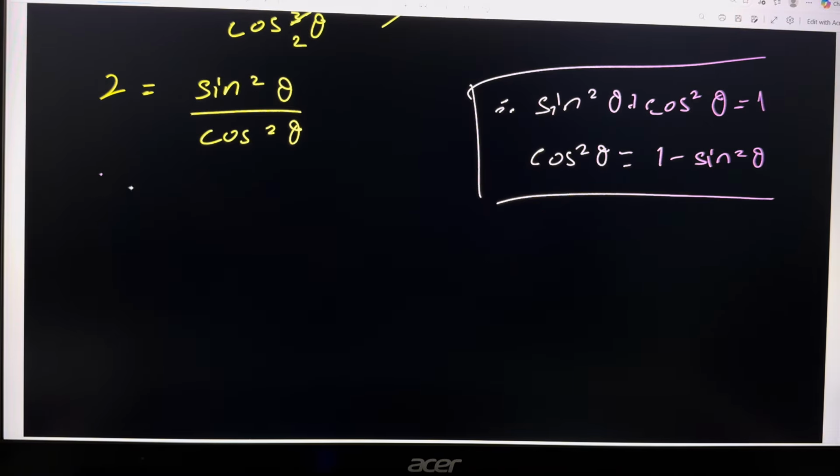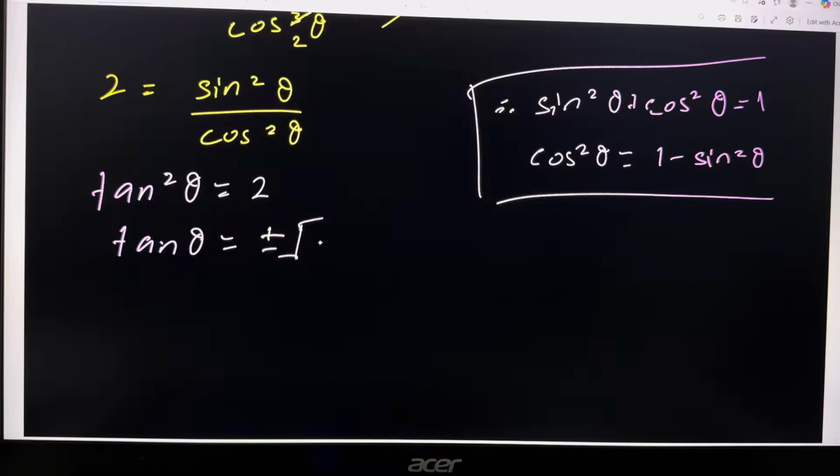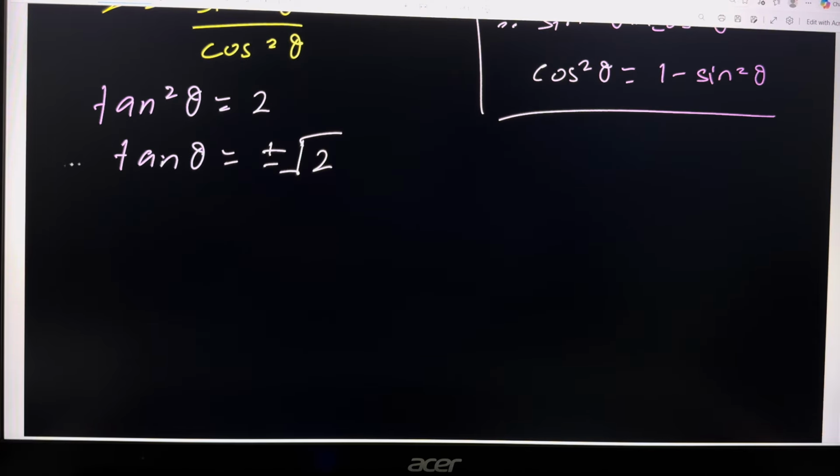So I'm going to use tan square theta is equal to 2, take the square root of both sides, so we get tan theta is equal to, of course you can't forget the plus minus. This is very important. So theta will be tan inverse of root 2.